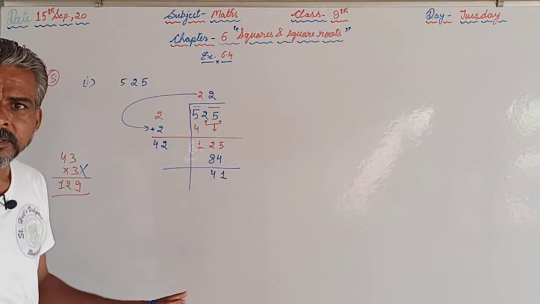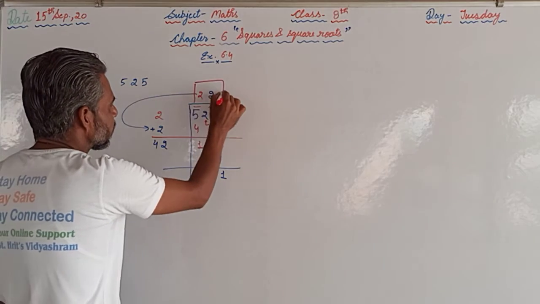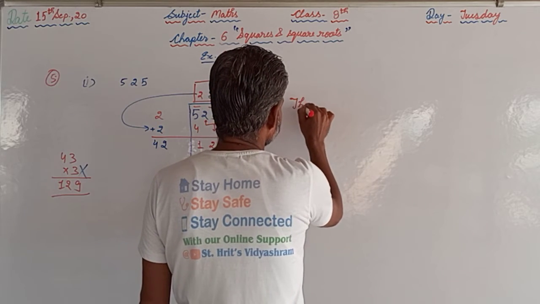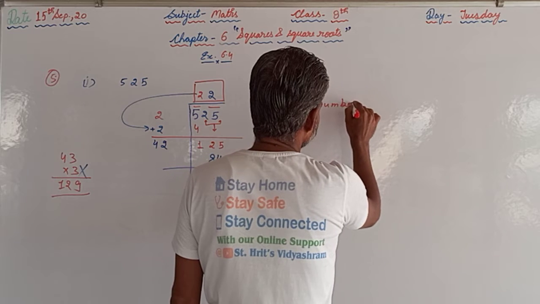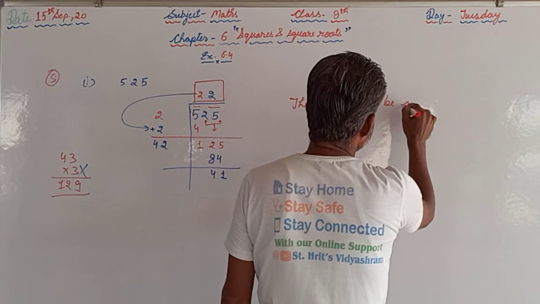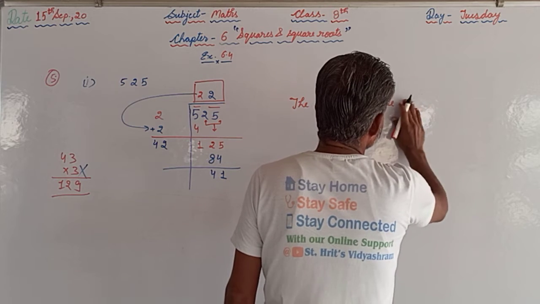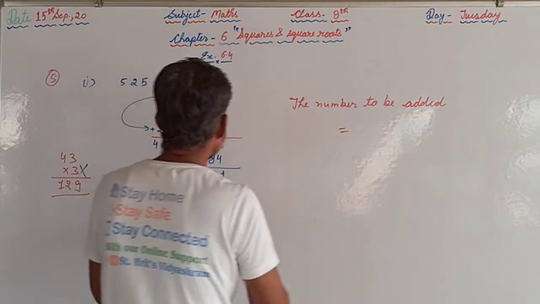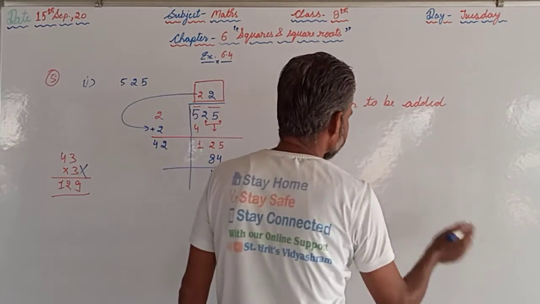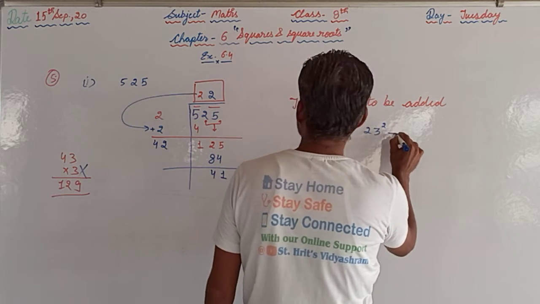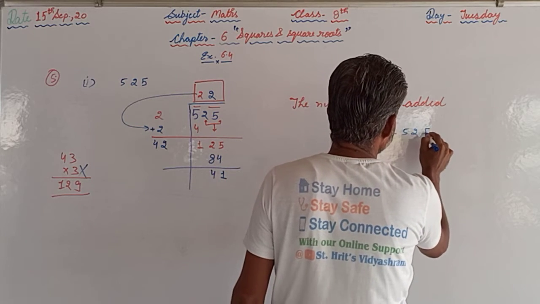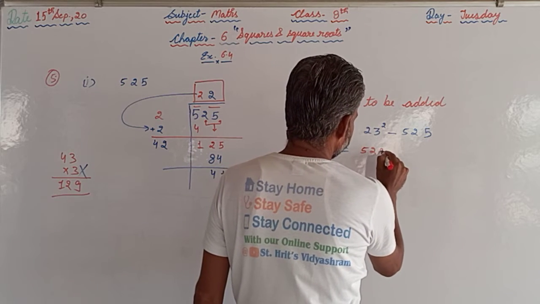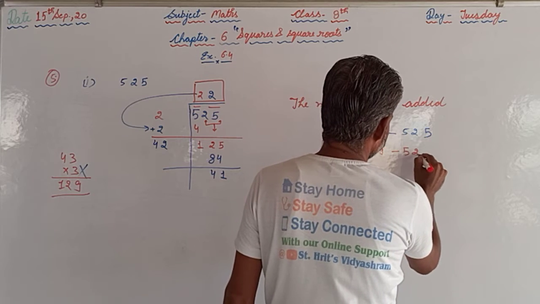So now we will stop. Now we will see this number, that is 22. So the number to be added will be equal to, this number is 22, so we will take the next, that is 23 square minus the number 525, and 23 square is 529, minus 525.